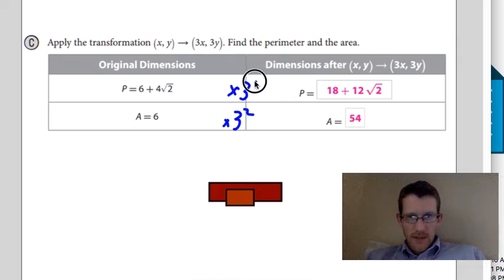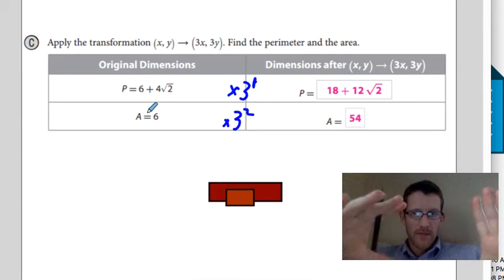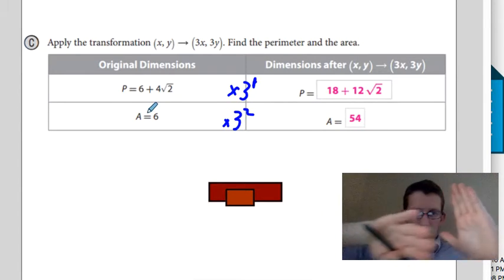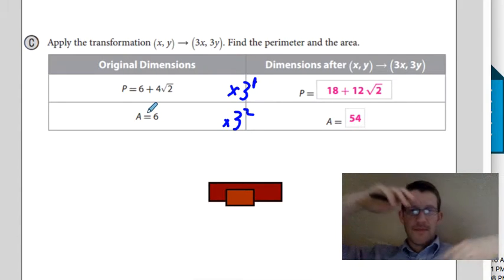So one dimension means we can put a 1 up here for the exponent. Area is a two-dimensional thing, right? It has both width and depth. In this case, we can put a 2 here, for its two-dimensionalness. So we not only multiply it horizontally, but also vertically.